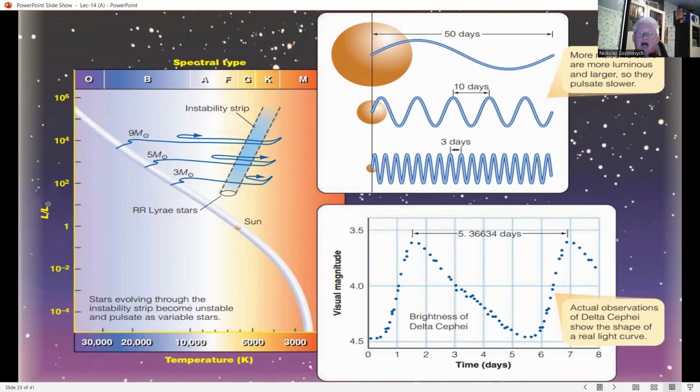A related kind of variable star, an RR Lyrae variable star, named after the variable star RR in the constellation of Lyra, has a period of about half a day and lies at the bottom of the instability strip.